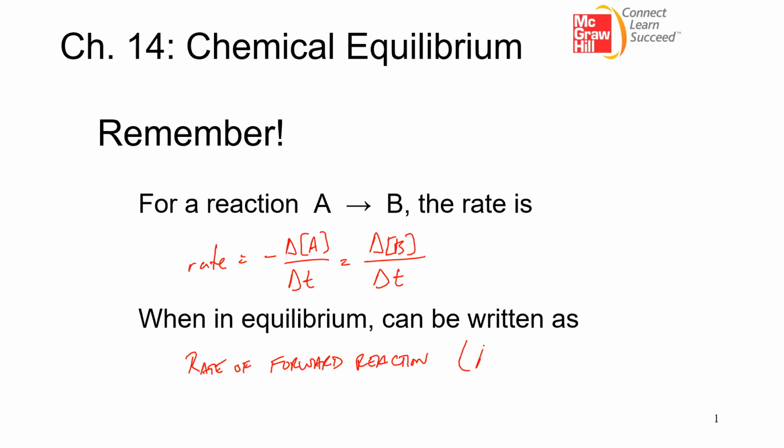That is A going to B, equals the rate of the reverse reaction, which would be B going to A.